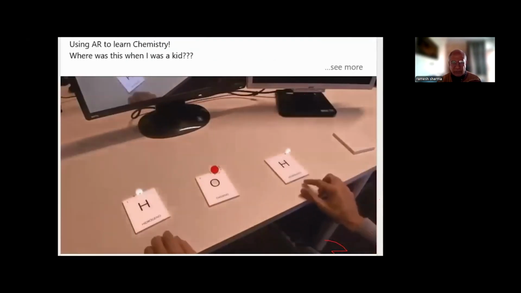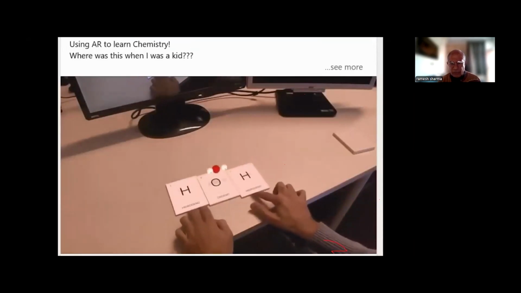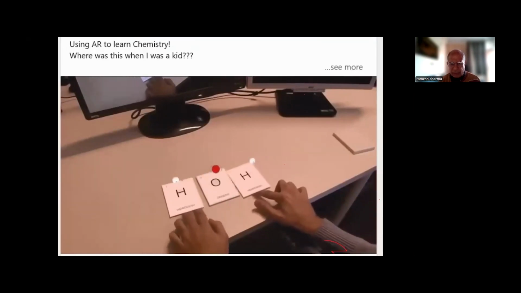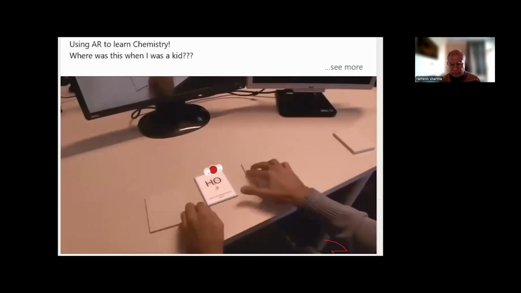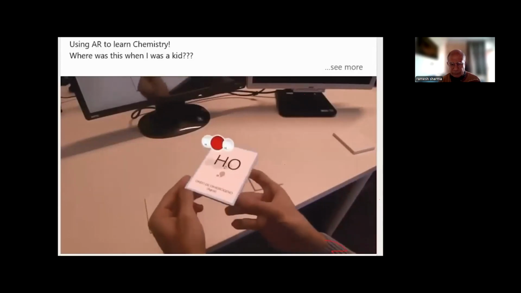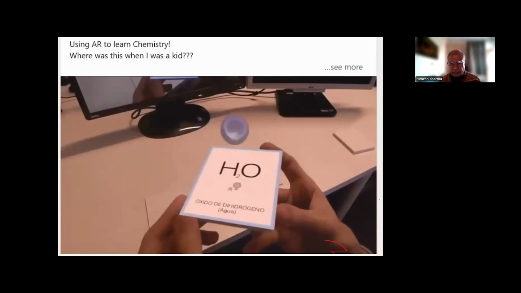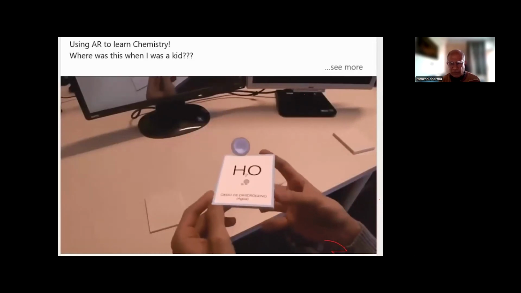This is using AI for science teaching, like how hydrogen and oxygen molecules make water. So now the water molecule, 2 hydrogen atoms, 1 oxygen.